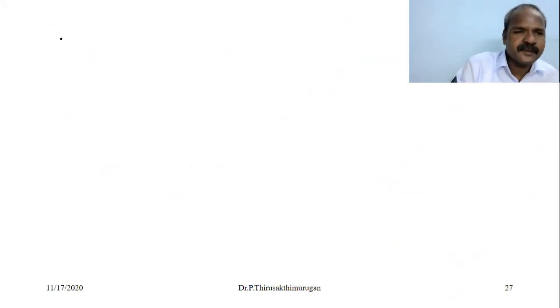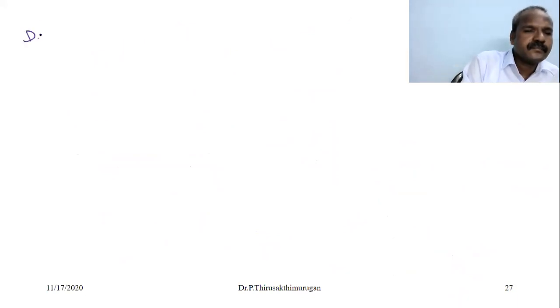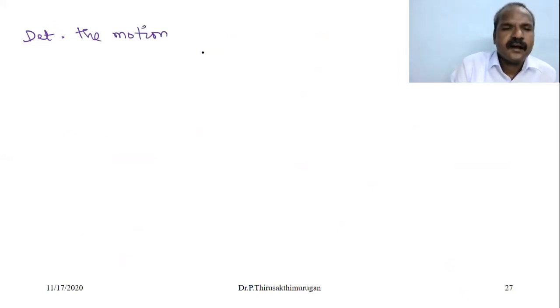Say, let us determine the equation of motion of the system shown. Already we showed the system.